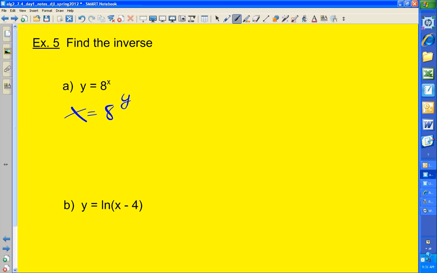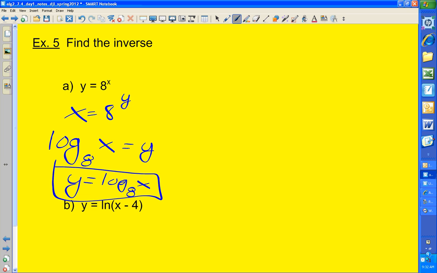So this is going to become log base 8 of x equals y. The inverse of y equals 8 to the x is y equals log base 8 of x.